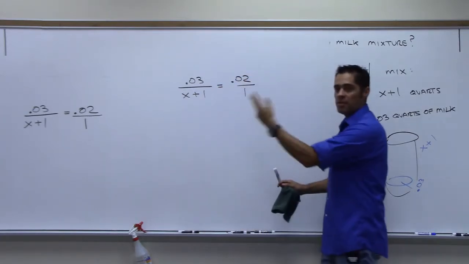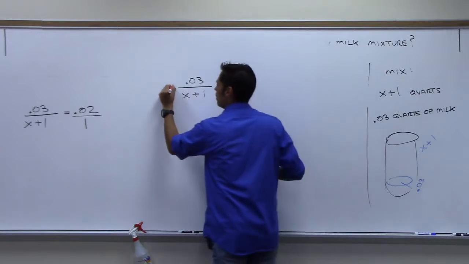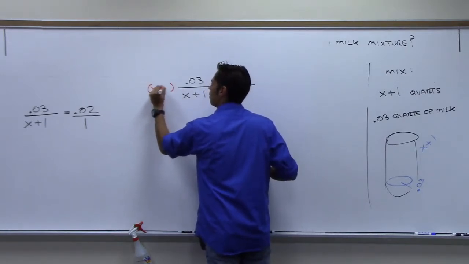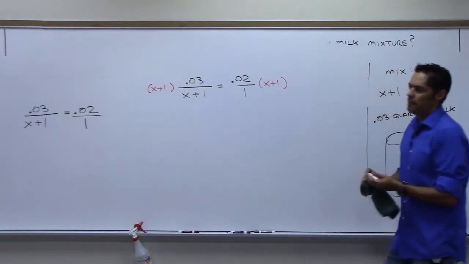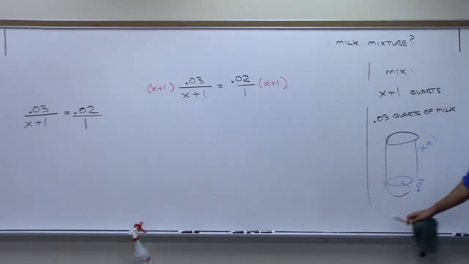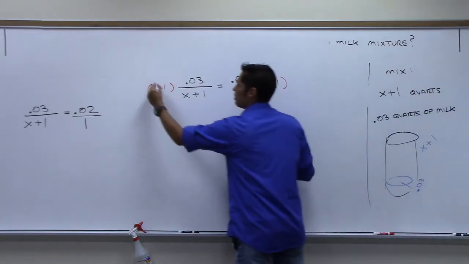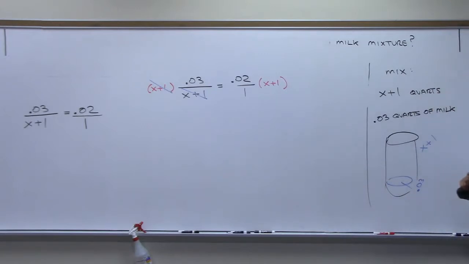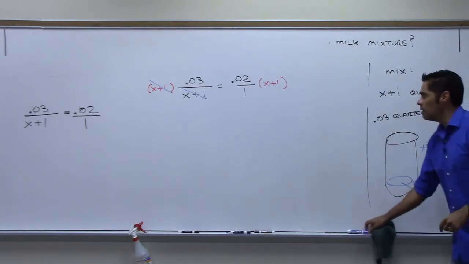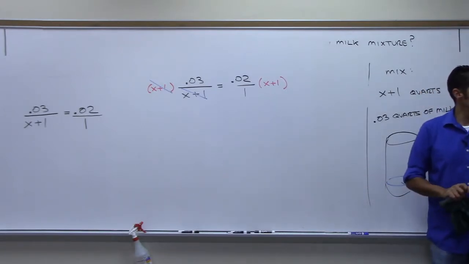So I'm going to multiply both sides of this equation by x plus 1, by the entire denominator. And what I do there, I must do here. And that will have the effect of making the left side cancel out like this, right? Do you follow? And on the right side, I will have to distribute, won't I?